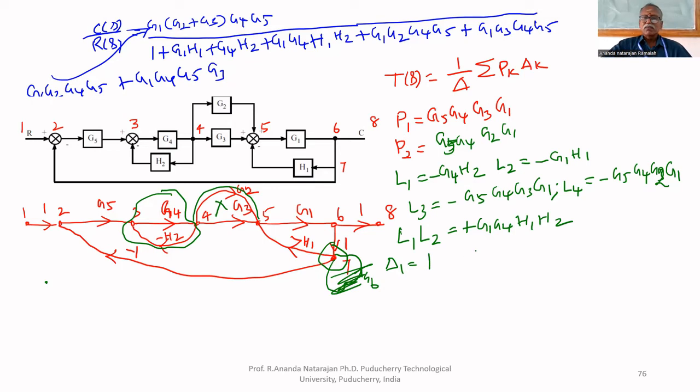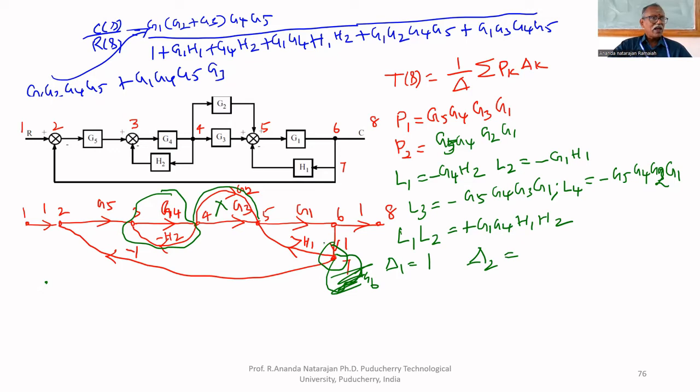What is delta 2? Delta 2 is for the other forward path, P2, which is G5, G4, G2, G1. The part of the graph which is not touching the second forward path is again 7 only. But 7 doesn't have any loop.